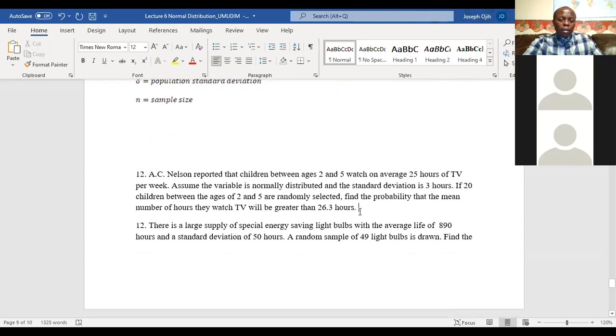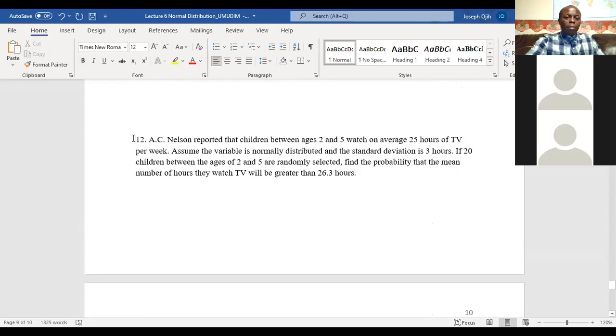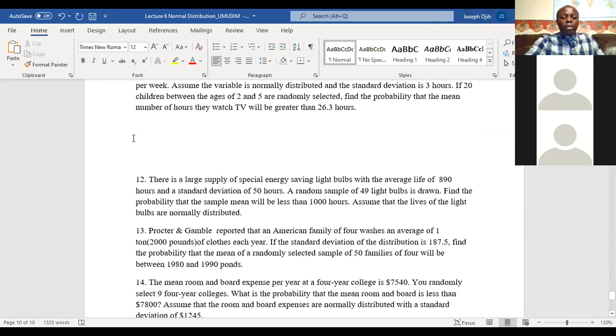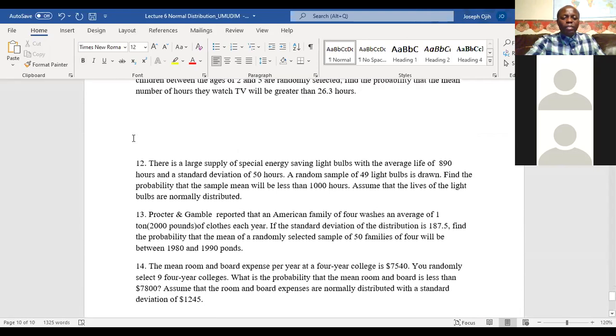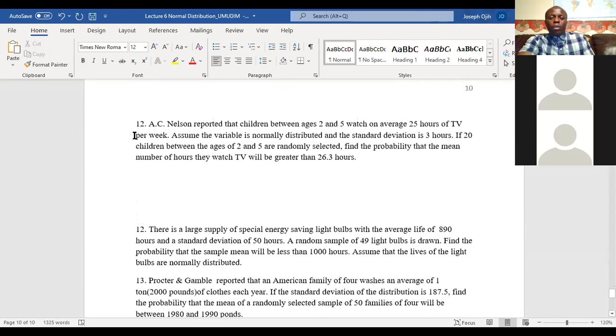Let's just use Nelson; either one can work. It says Nelson reported that children between age 2 to 5 watch on average 25 hours of TV per week.